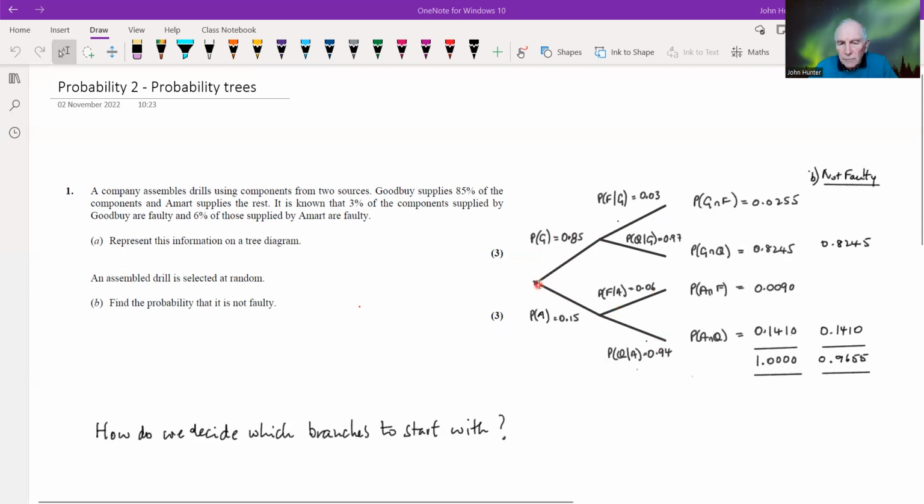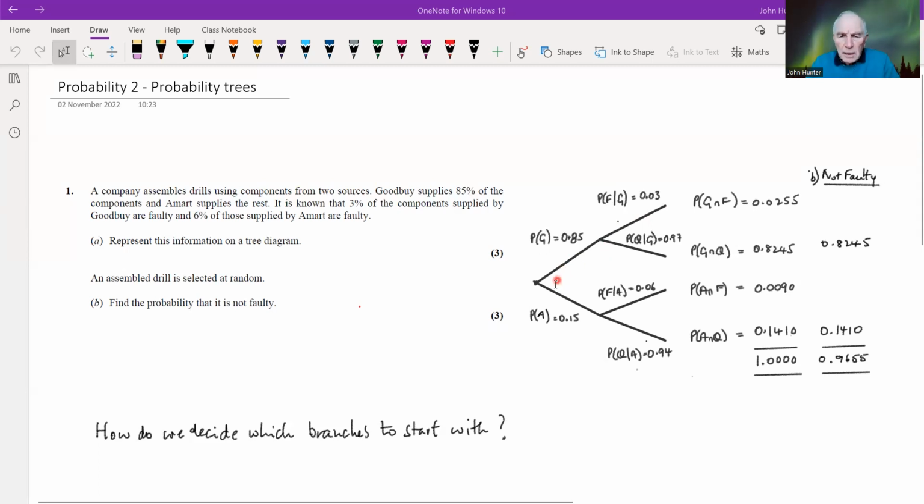What we're saying is that when the completed sharpened drill comes out of the end of the factory, if we select one of these at random as it comes out, what is the probability that it's going to be faulty, or that it will have been sourced from Goodbye, or some combination of that?